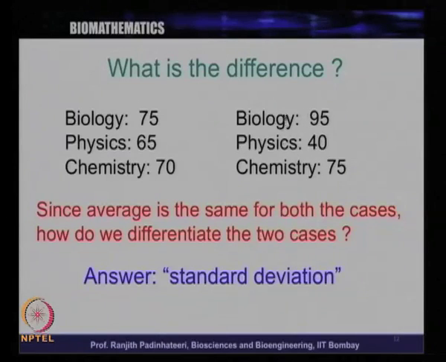So, this is kind of extreme marks, but we are hiding this fact by just saying that you have average 70. So, now how do we convey a little more information than the average? This is true for, when we say marks, the same thing you can think about in an experiment.